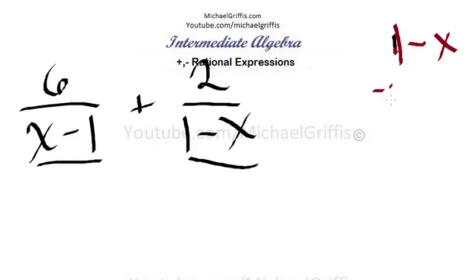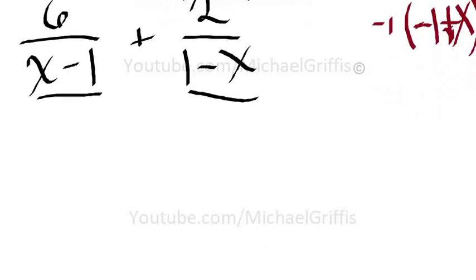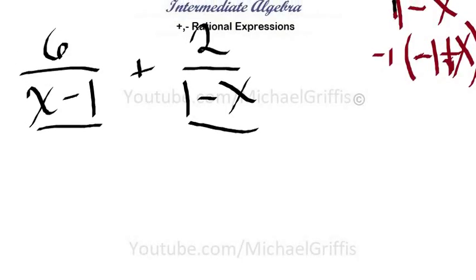We can factor a negative 1 out of here, and this becomes negative 1 plus x. I'm having a hard time writing on the screen for some reason. Okay, so you see that trick? We factored a negative 1 out. Now we have negative 1 plus x. Well, that's exactly what's about to take place here.